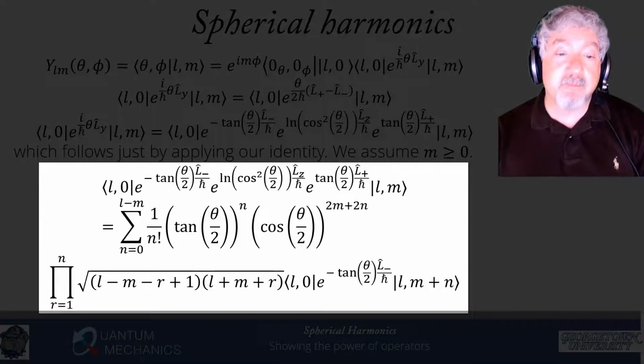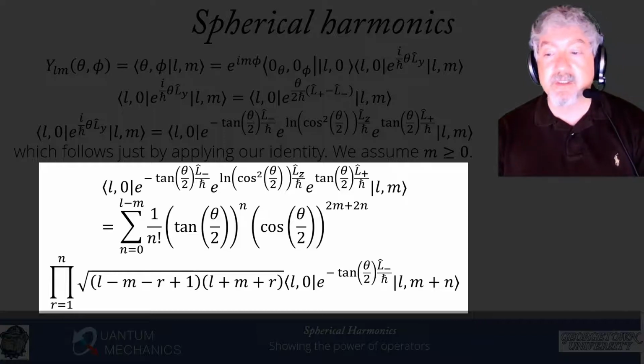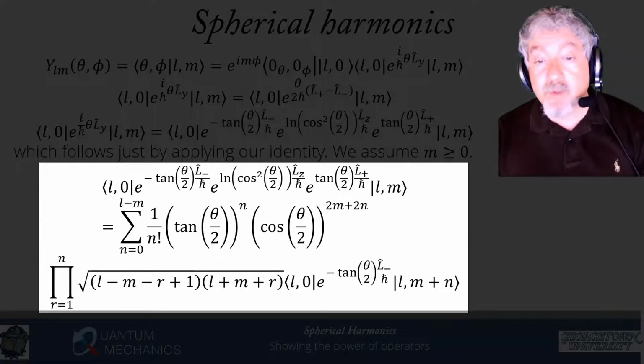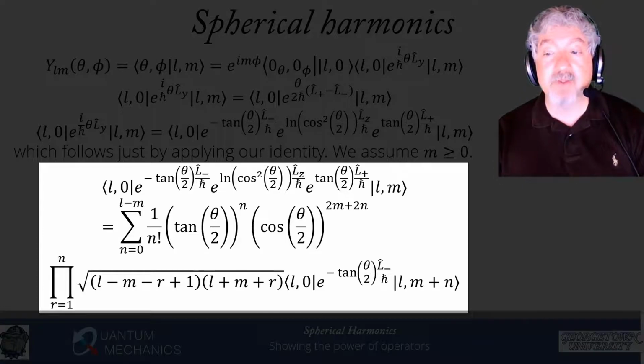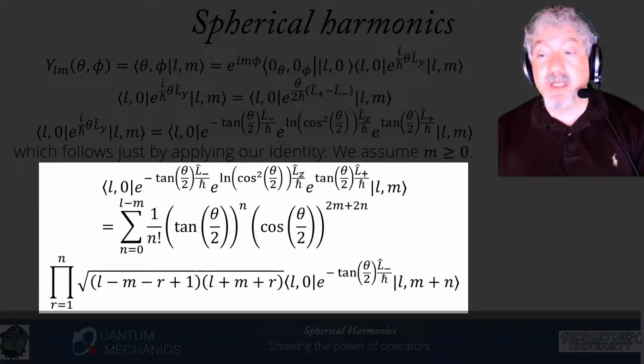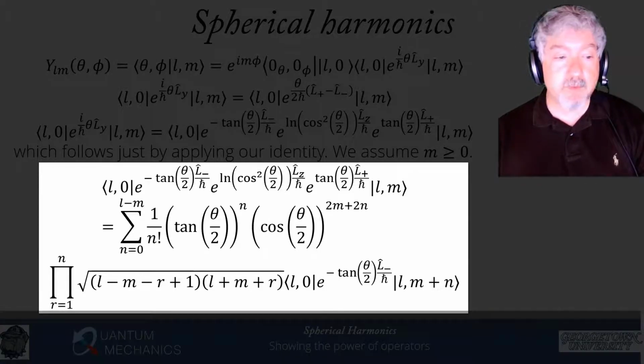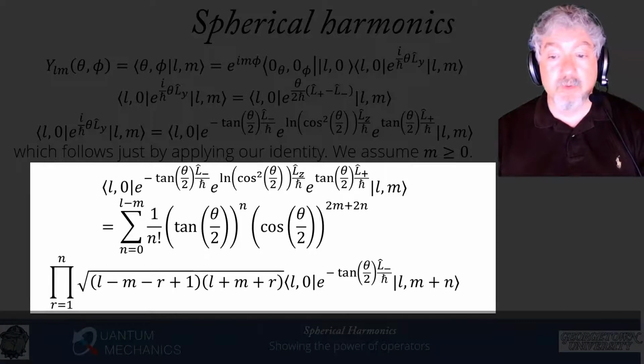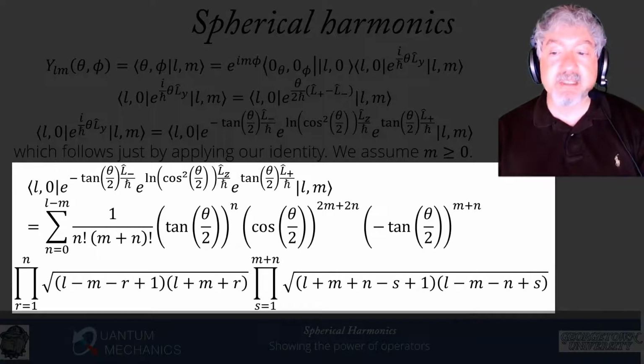And I'm going to get a product of factors very similar to this product. You just carefully work out what those factors are using what happens when L minus acts on the state. And then we also remember that L comma 0 overlap with L comma 0 is equal to 1, because all these eigenstates are orthonormal. Okay, so I get the second product coming out, and the bra with the ket is going to give me 1.